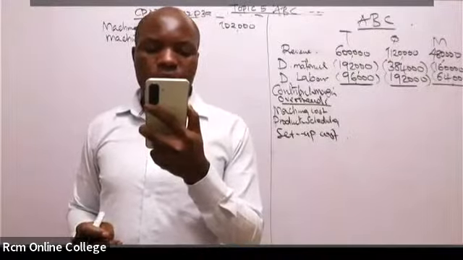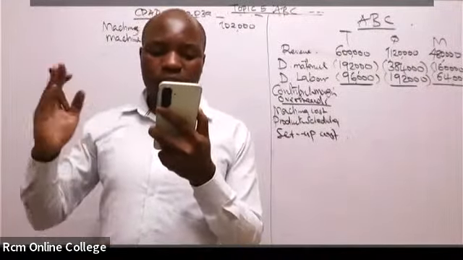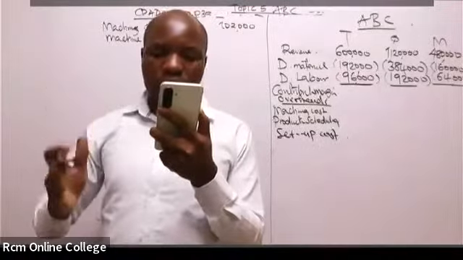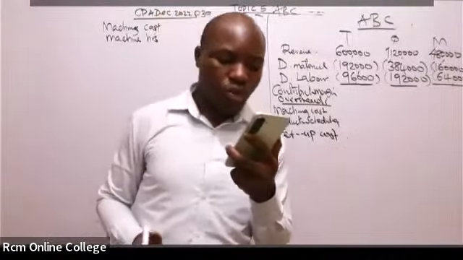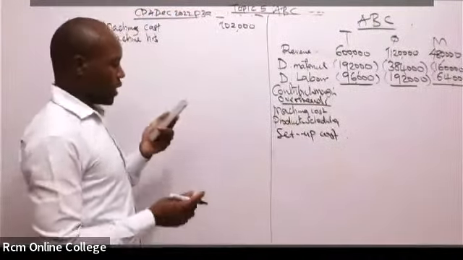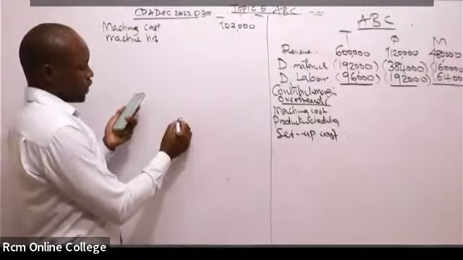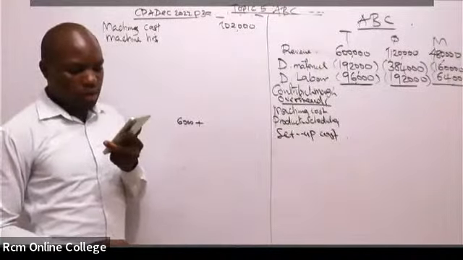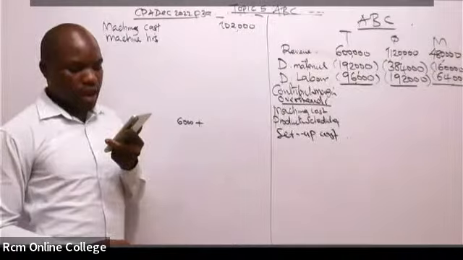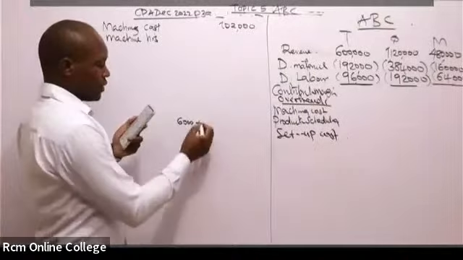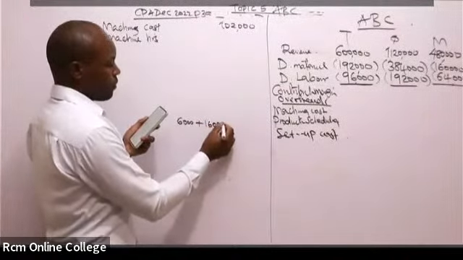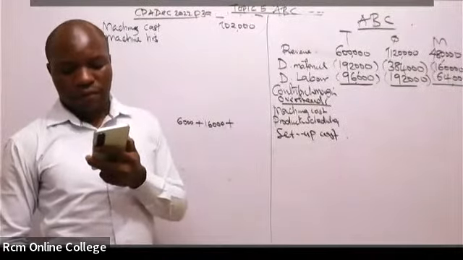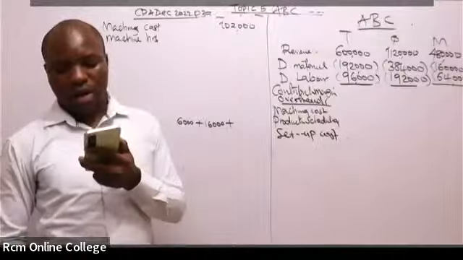We are given information on the cost drivers as below. So we have machine hours per unit, 1/2, 1, and 1 1/2. So half of 12,000 will be 6,000, right? Then 16,000 divided by 1 will give us how many hours? 16,000 machine hours. Then for product M, we are given 1 1/2.